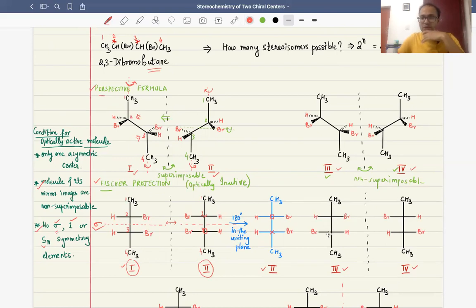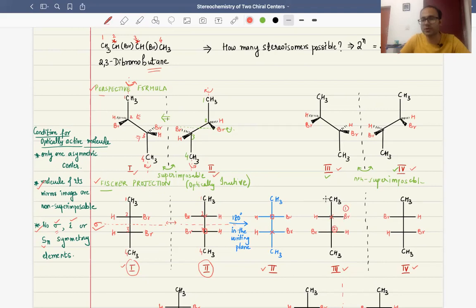So if I want to determine the RS nomenclature for these two stereocenters, it is pretty easy to say. I'll consider first this particular stereocenter, and then assign the priority. The first priority will go to the bromine, because of its higher atomic number. Then the next priority will go to this particular carbon because it is attached to a bromine.